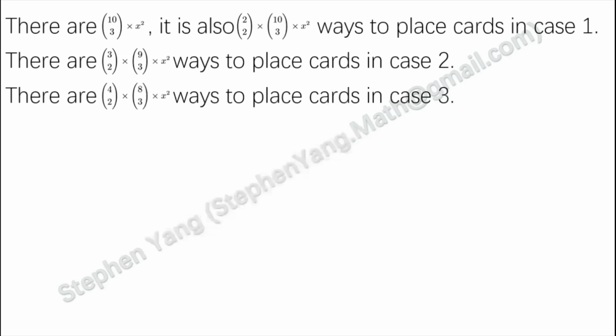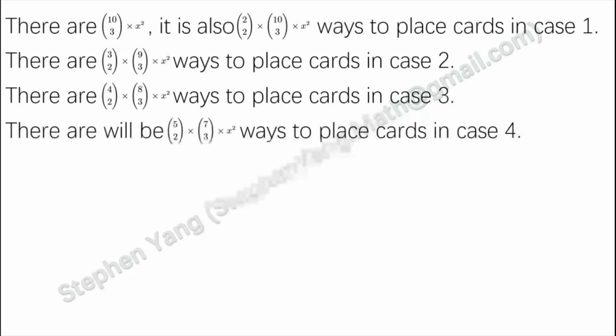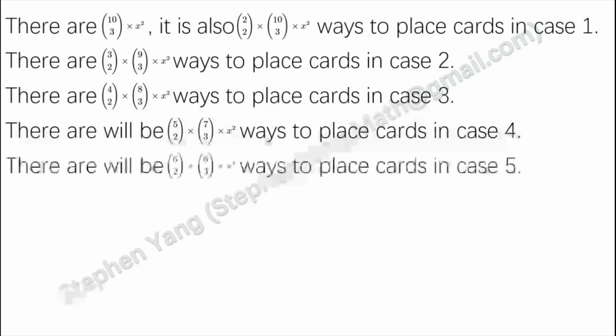And there are 4 choose 2 times 8 choose 3 times x squared ways to place card in case 3. And following the pattern, there will be 5 choose 2 times 7 choose 3 times x squared ways to place card in case 4. And there will be 6 choose 2 times 6 choose 3 times x squared ways to place card in case 5.